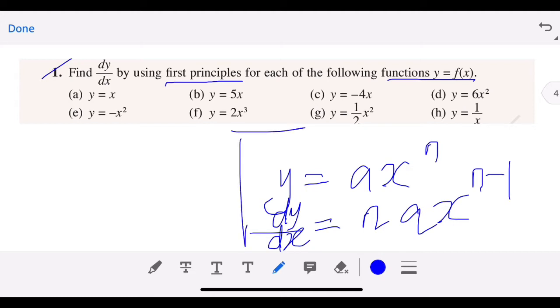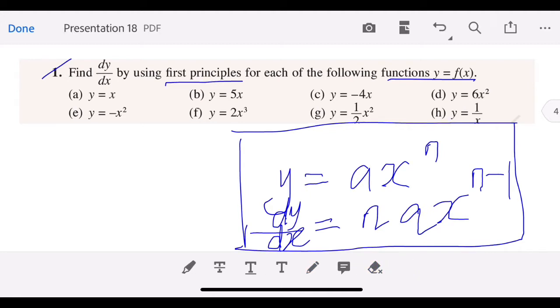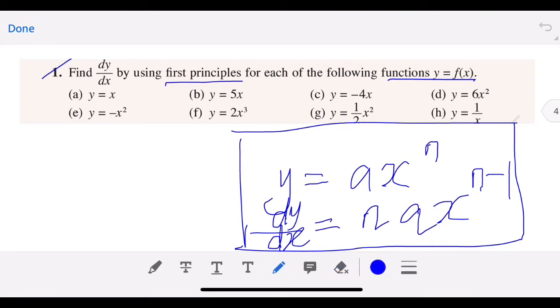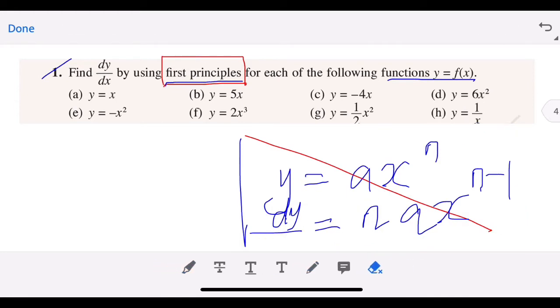This one is using a formula. But now the question is asking using first principle. So as I mentioned earlier, when the question says using first principle, you have to use the concept of limit. So please do not use a formula. You can double check your answer using the formula, no problem.